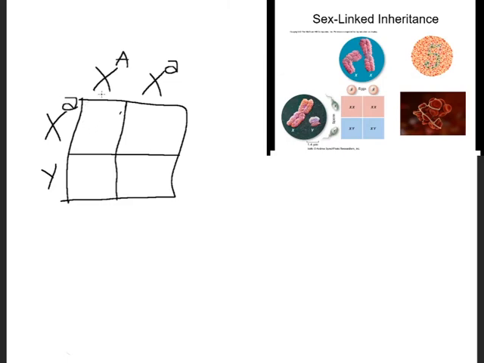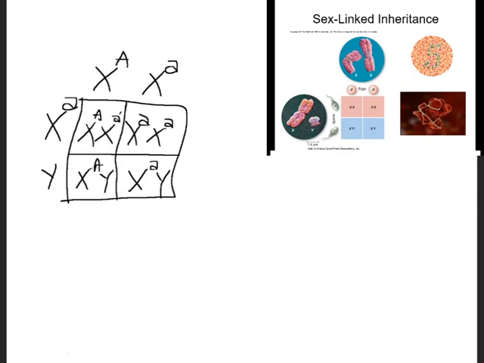So if I go through the X here, we've got a dominant and a recessive, dominant from the mother, recessive from the father. And we've got 2 recessive from each of those. Down here, the males will just get the X chromosome from the mother, and they get the Y from the father.